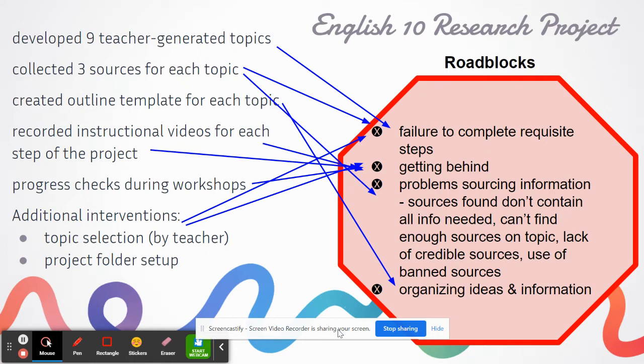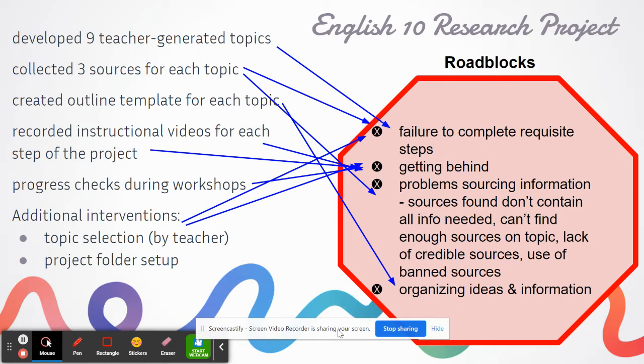Because there is a finite number of topics, and because all materials are being provided by myself, the teacher, I can have those catch up materials ready. I also collected 3 sources for each topic, so that again helps with the failure to complete requisite steps. If a student doesn't get sources for a paper, I have sources to provide them.